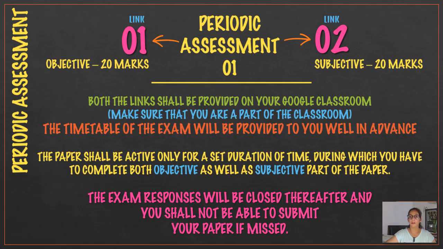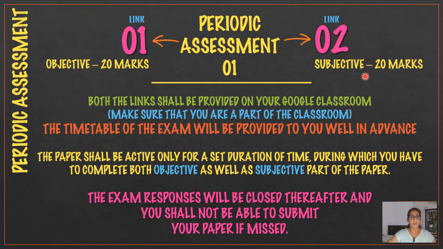Before starting the Adobe Scan guide, let me brief you about your upcoming exam, Periodic Assessment 1. The periodic assessment will be conducted in two parts, objective and subjective. Both the links will be provided on your Google Classroom. Make sure that you are part of the classroom.